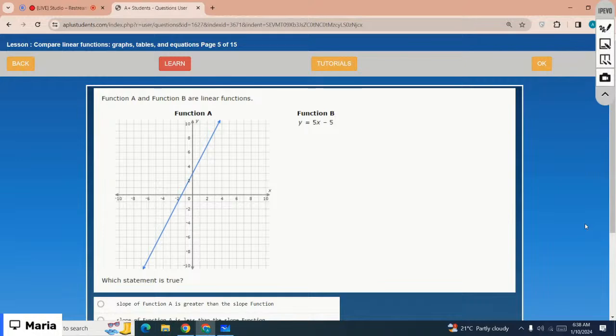Yes, the correct option is slope of function A is less than slope of function B, right?